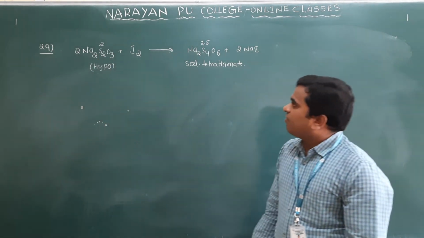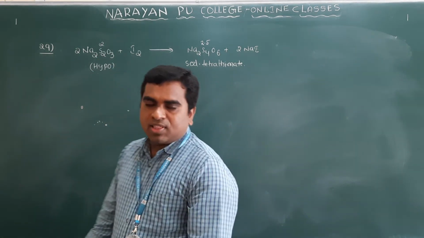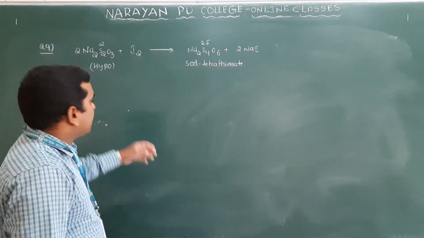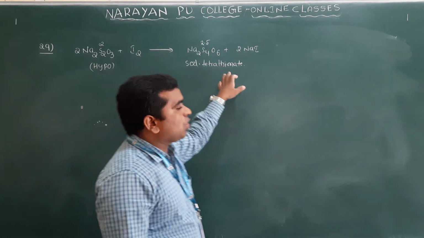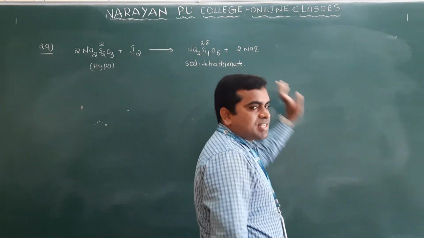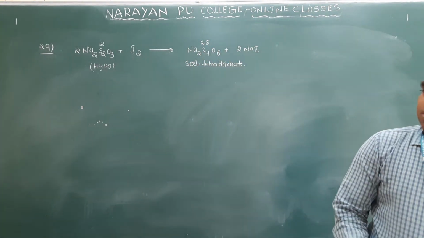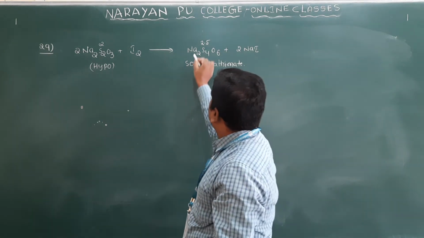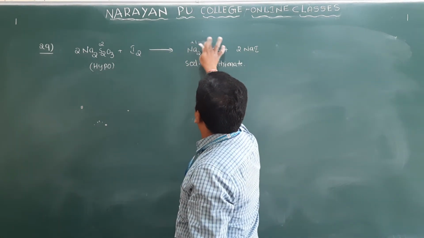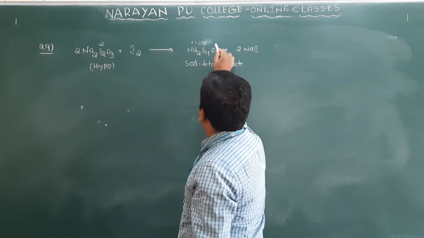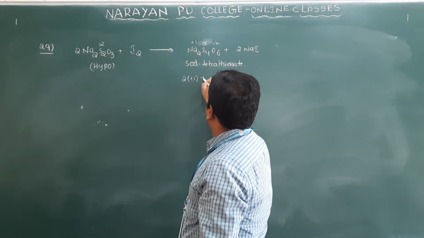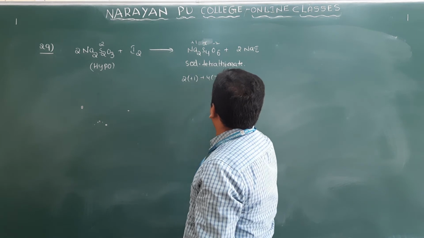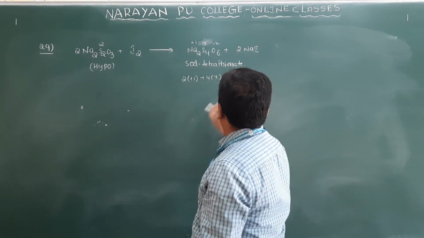Sometimes they will ask, when iodine reacts with sodium thiosulfate, that is hypo, you will get the compound sodium tetrathionate, and in that one what is the sulfur oxidation state? It is 2.5. You can calculate: sodium is plus 1, sulfur you don't know, let it be x, and oxygen is minus 2. 2 into plus 1 plus 4 into x plus 6 into minus 2. The total molecule is 0.